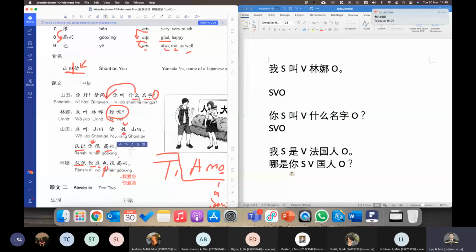Okay. The last thing for today, before we call it off, let's try to read this text all together.